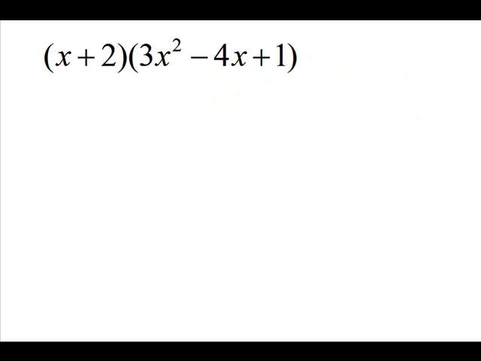This problem is longer than a FOIL problem. It has a binomial times a trinomial. There are 2 techniques that we'll look at for this problem. One is to just distribute twice. Take the x times everything in the second parentheses.